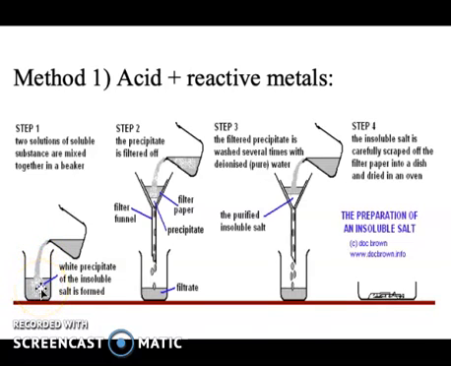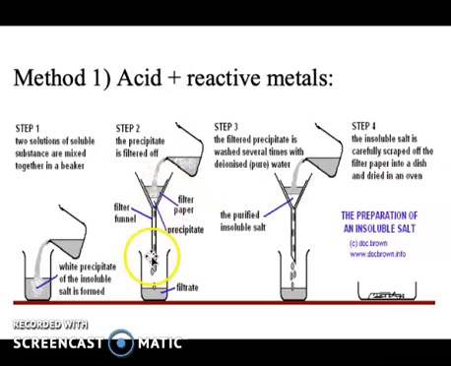Now see students, when two liquids are mixed together, there is a formation of a solid substance which is not easily dissolved or soluble. So that is the formation of salts. The second step: in this beaker there is a solution and salts, so they filter it through the funnel.